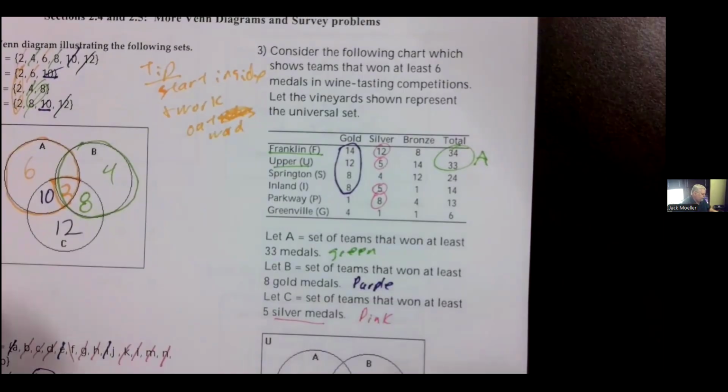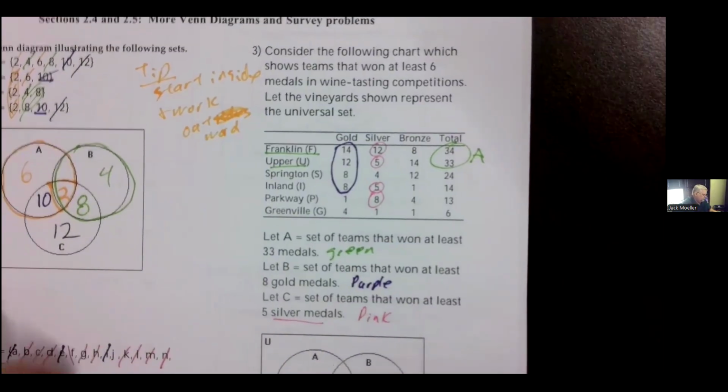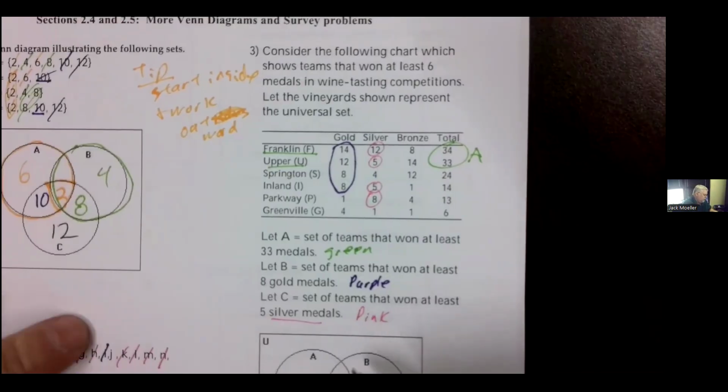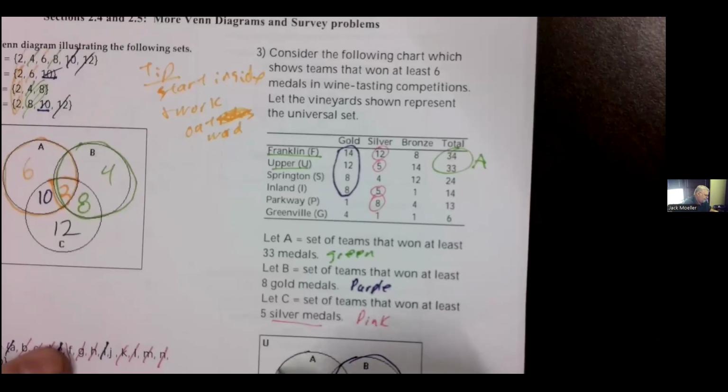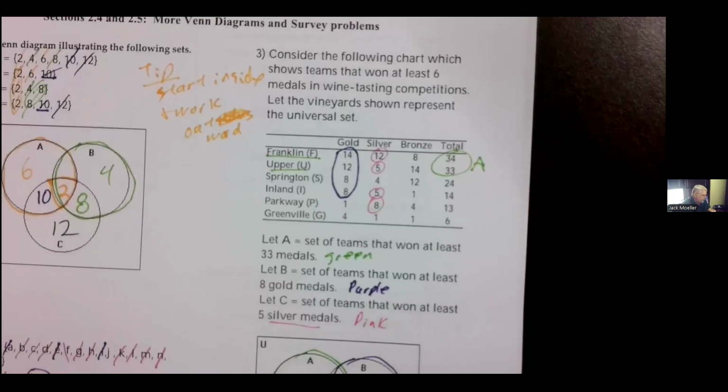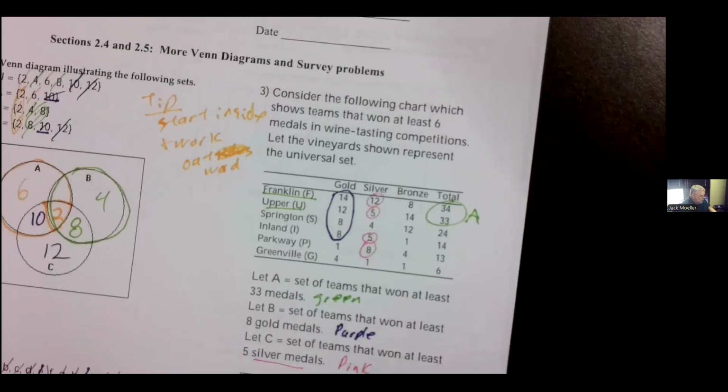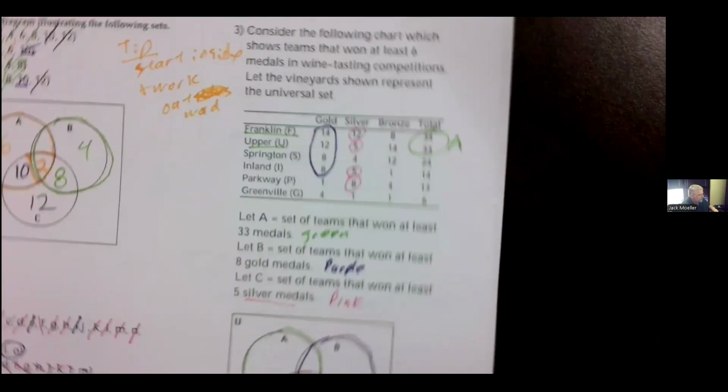Okay. C is pink, B is purple, and A is green. Now, what is missing in this problem? The actual instructions.